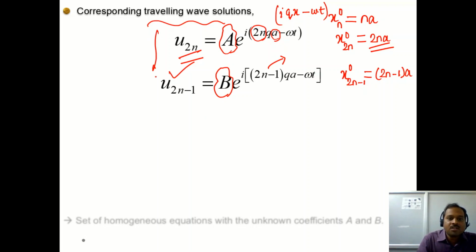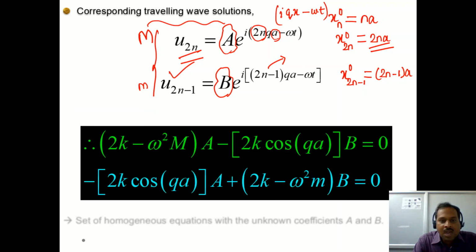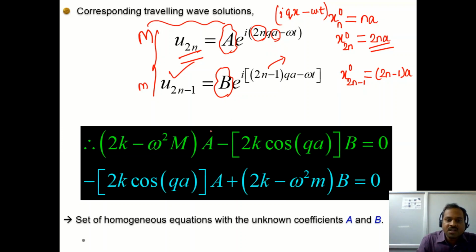Now we have these two solutions to the equations of motion we obtained for the capital mass M and small m. Now we can put the solution back into the equations of motion, and we get a set of homogeneous equations with the unknown coefficients a and b. The form of the equation almost remains the same, but we should be careful in looking at the coefficients.